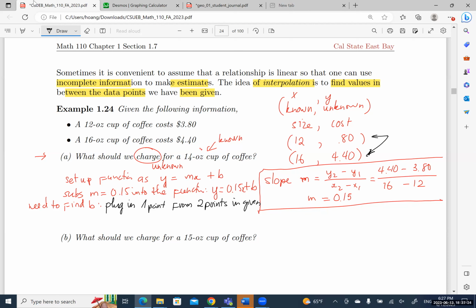I'm going to choose the easy one, such as 12 and 3.80. Now I'm going to use 12, comma 3.80, and substitute it in there.